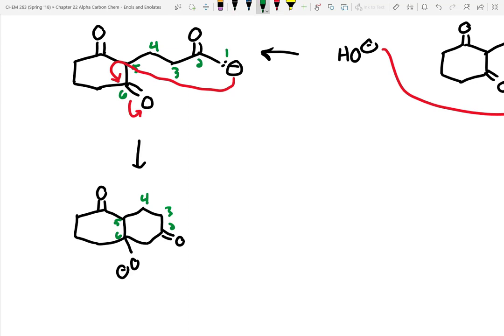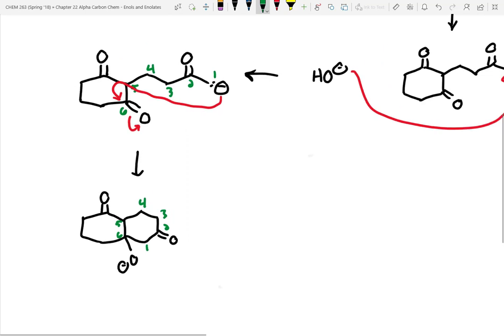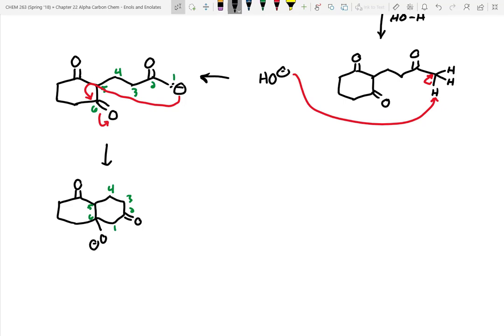So I'm going to go ahead and write carbon 1 down here. Does that make sense? Numbering your rings is really important for keeping track of where substituents are located. And for me, I really like to slow down and be careful because before you know it, you're multiple steps in, you made a mistake, you have to go back and erase everything and start over. All right, next step, we still have water around.